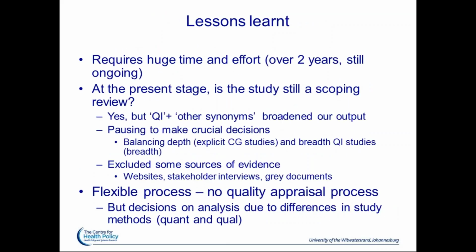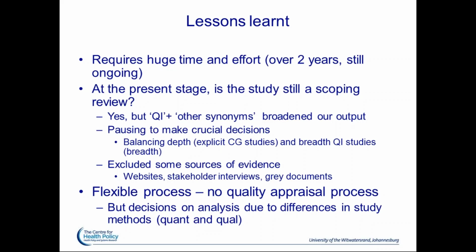And we try to ask ourselves every time whether we're still doing a scoping review. And the answer is yes, because even though the quality improvement synonyms broadened our output, we had opportunity to pause and reflect about how to make decisions going forward. We've been able to exclude some of our sources of evidence which we felt would not enrich the study.